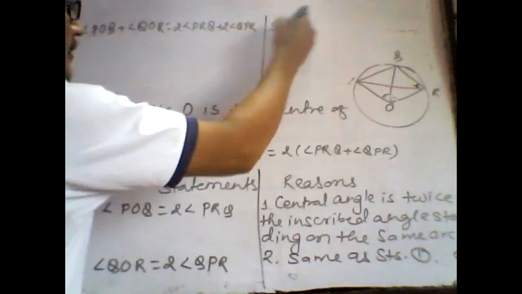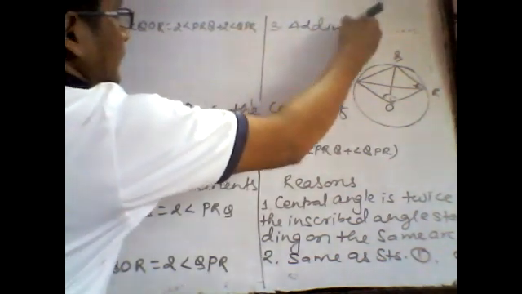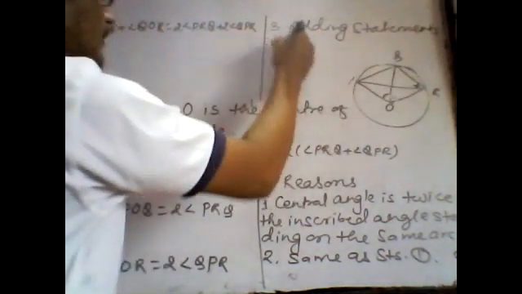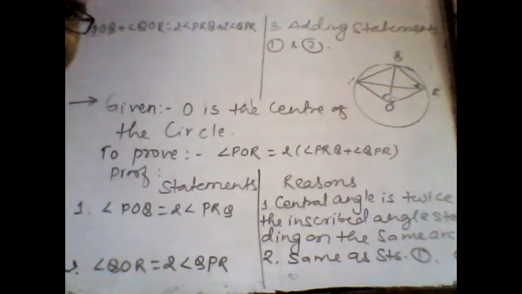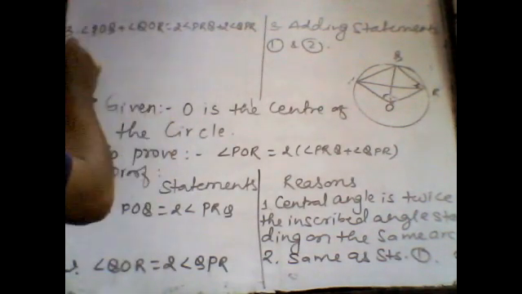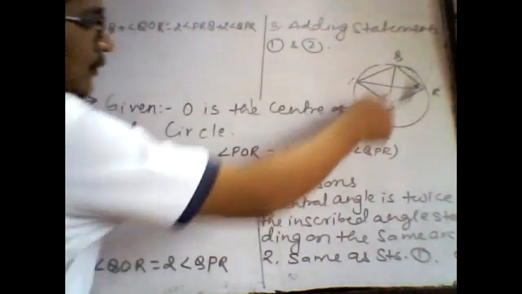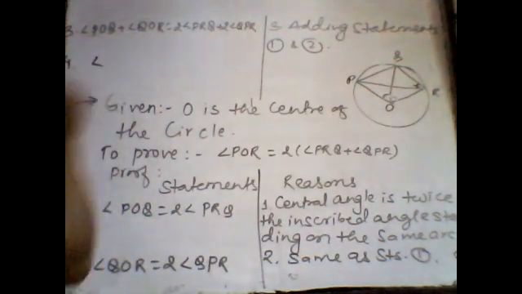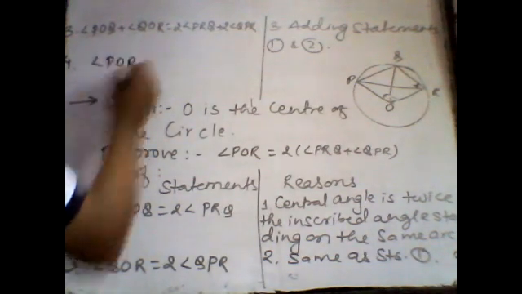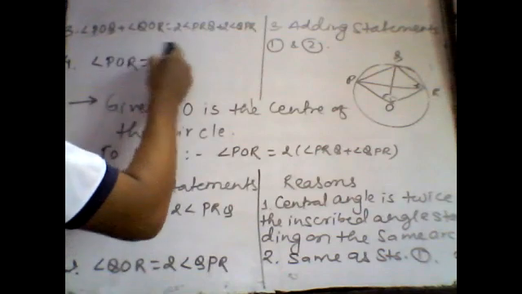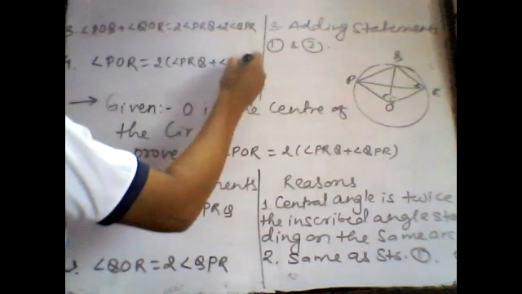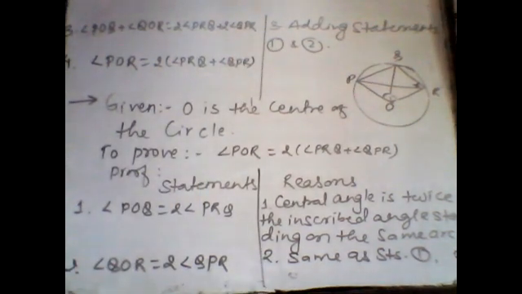The reason: adding statements 1 and 2. To obtain the result, we have added statements 1 and 2. Now from here, POQ plus QOR, this angle will be equal to angle POR, and the right side is the same, PRQ plus angle QPR.